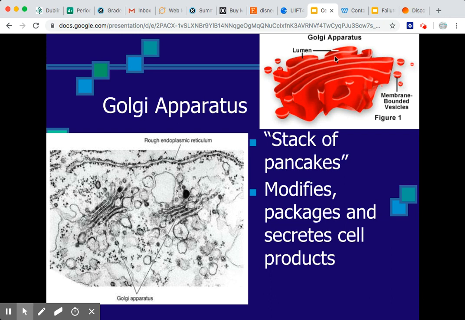So this is a good example of how one particular organelle modifies proteins or packages them, puts a bow on them so they can be shipped out, and then the vesicle does the transport for that particular organelle. So, one organelle works with another organelle to be able to transport proteins.